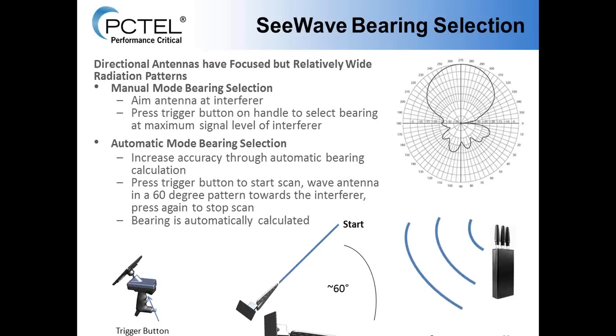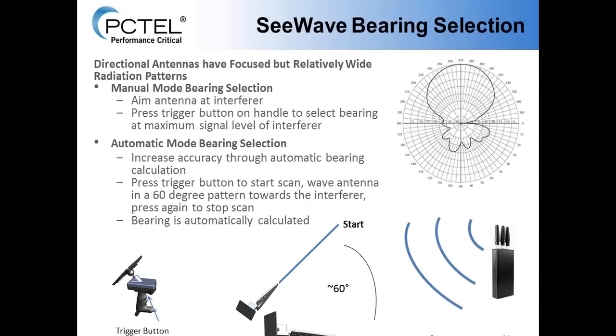The other way of doing it is, if you don't want to do a manual mode or you want to be sure that your interfering source is coming from a particular location, you can do an automatic mode bearing selection. What you do with that is you put your application in automatic bearing mode, you press the trigger and hold it for a set amount of time, and then you move your antenna 60 degrees both ways, to your left and to your right.